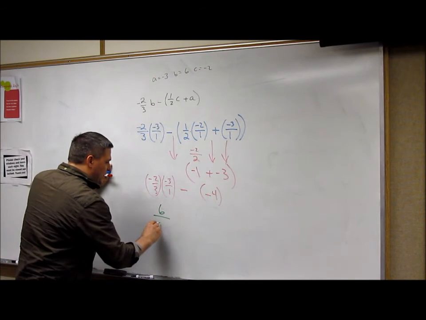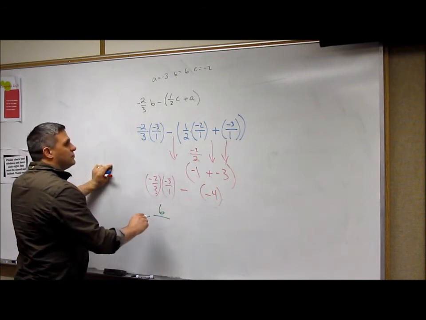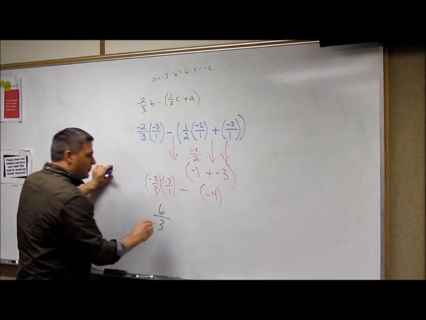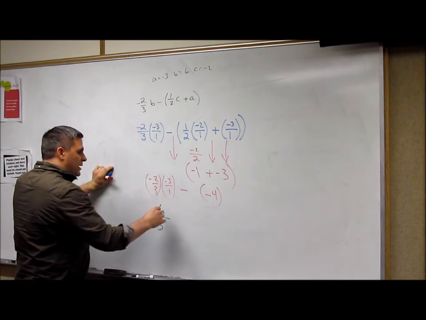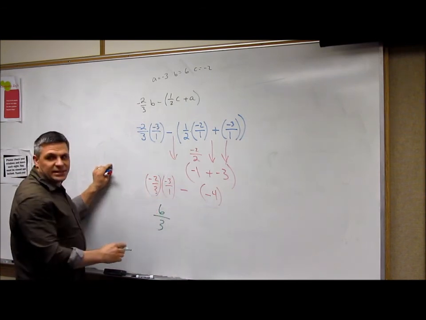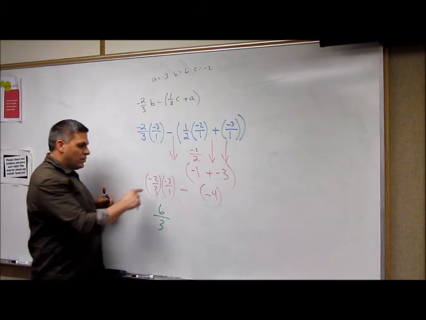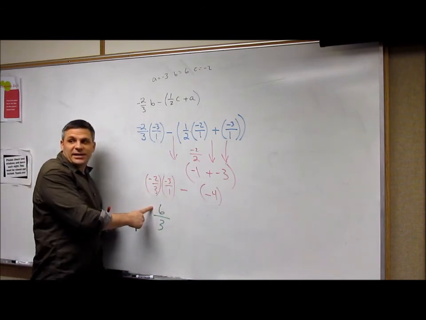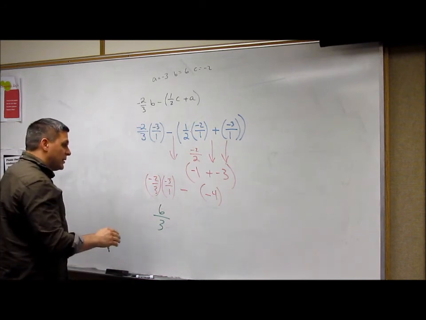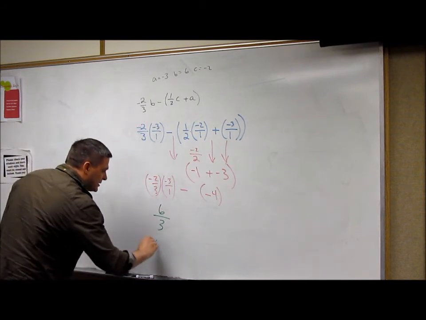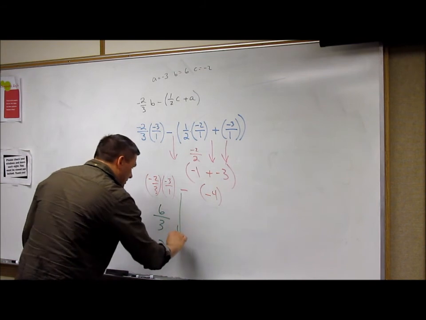3 times 1 is 3. And then again, 3 goes into 6 how many times? It wouldn't be -6. Oh no, because it's negative times a negative, so it's positive. Yeah. Okay. And so it's 3 goes into 6 twice. Then I bring this down.